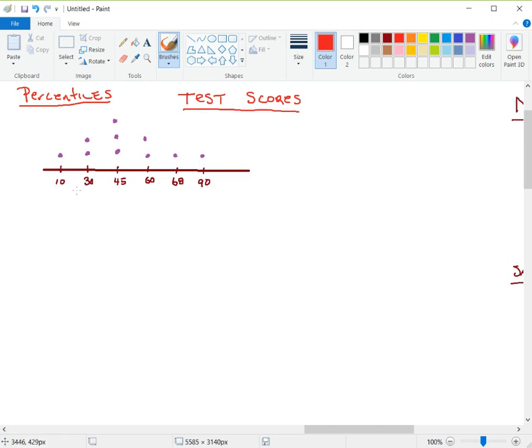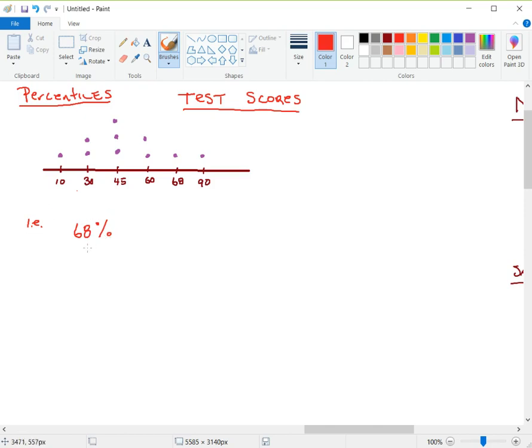So a percentile represents the percent of scores below the particular score you're looking at. So for example, say that you got a 68%. What percentile do you fall in? So the percentage that you got on the test is not quite the same as the percentile.